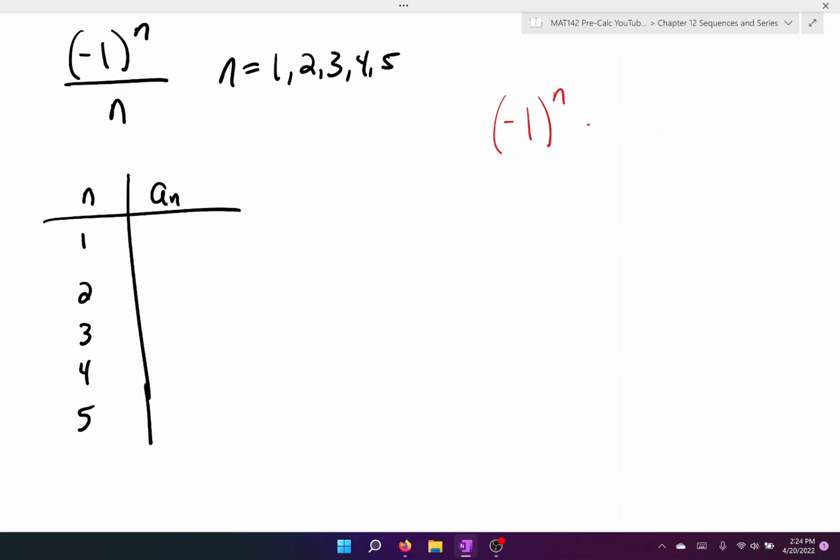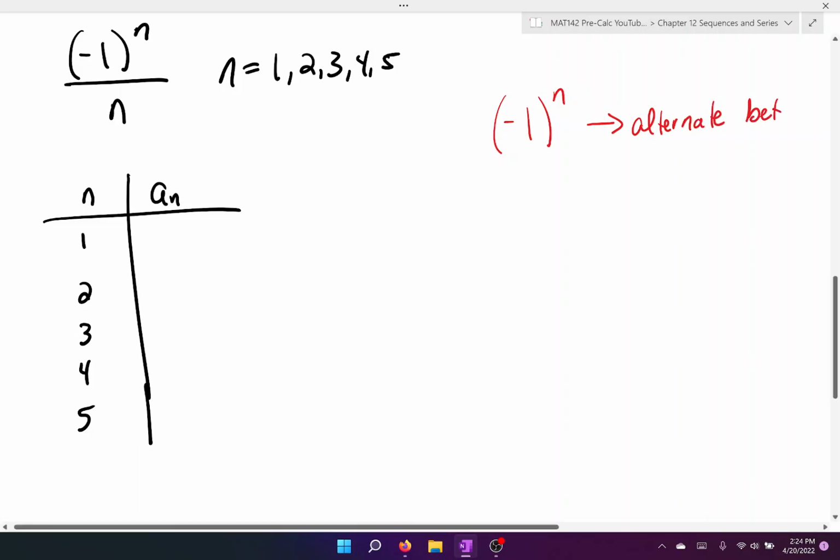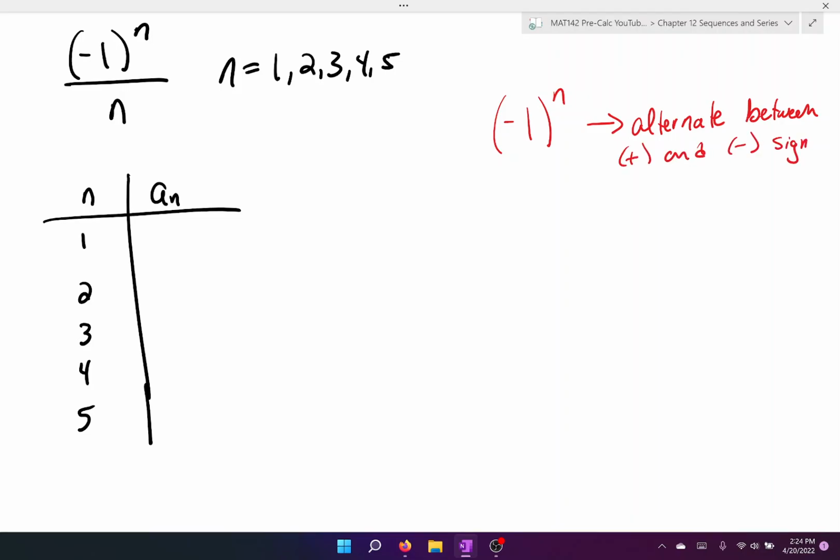All this term does is give us an opportunity to alternate between positive and negative signs. Initially, you're going to look at that and go, okay, that's pretty simple.